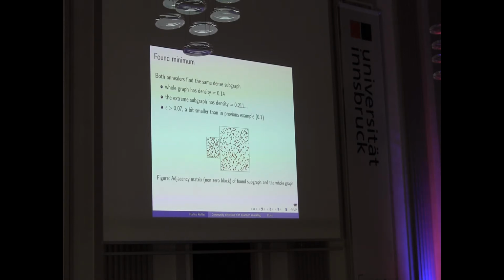Both found the same best solution, with simulated annealing and D-Wave. And this is the whole graph, and this is the extremal graph. And slightly better epsilon, but not much.